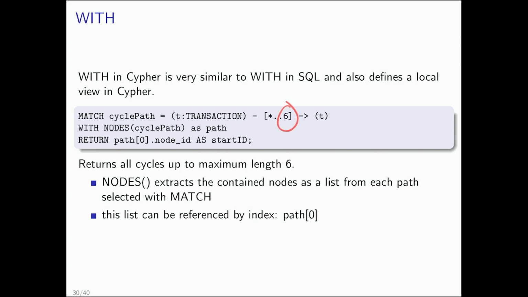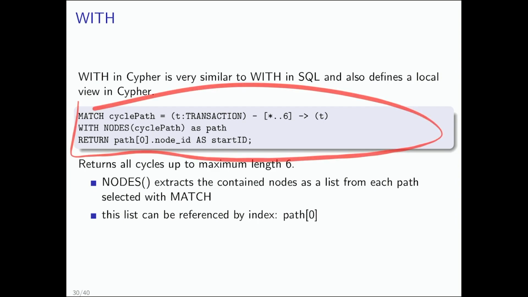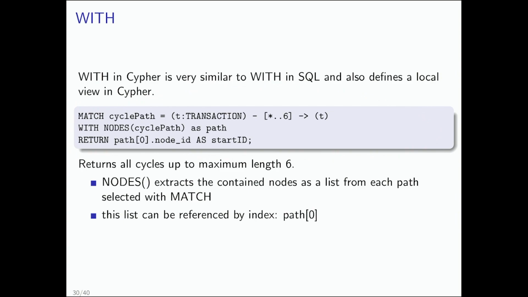That's how you would expect it. It should work in a good query language. Just specify the maximum length of a path, and there you go. So that's a very readable syntax. Maybe it can be done better, but at least in comparison to SQL, it's much better. Just 3 lines of code to get all of these cycles.